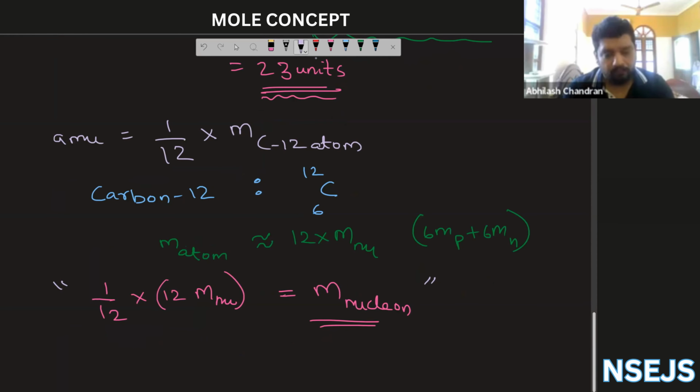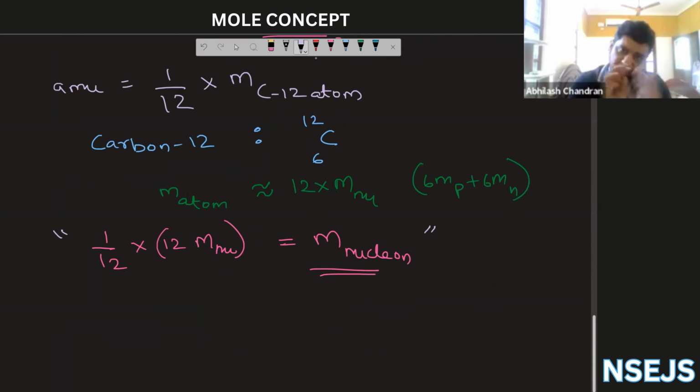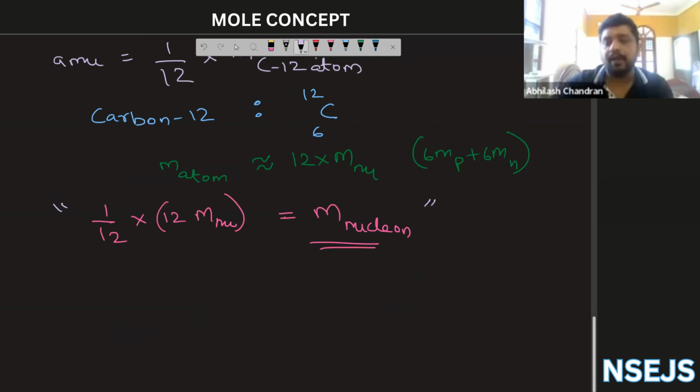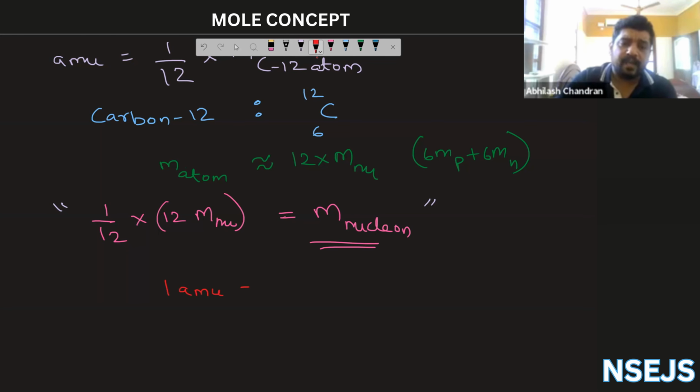Now, obviously, if this is the average mass of all the protons and neutrons that are there in carbon, shouldn't this be approximately equal to the mass of a proton or neutron, which is 1.67 into 10 to the power minus 27? The answer is, yes, we would have expected it to be, but 1 AMU is actually 1.66 into 10 to the power minus 27.